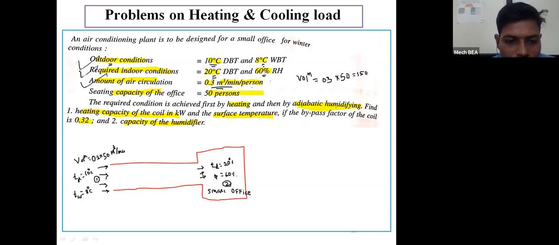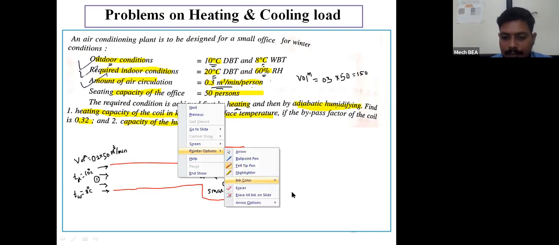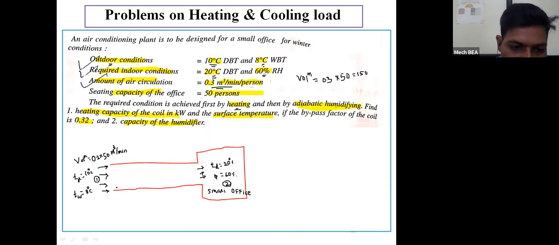Now whatever desired conditions are there, the required condition is achieved first by heating and then by adiabatic humidifying. That means first of all I am using the heating coil. Suppose this is a heating coil.